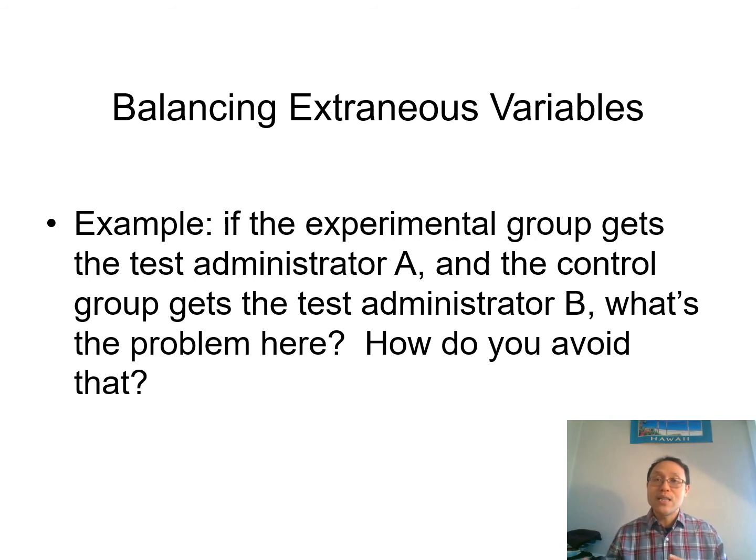So you can say this is not a real problem, because administrators A and B are presented to both the control and the experimental group. Therefore, this can be avoided by doing so.